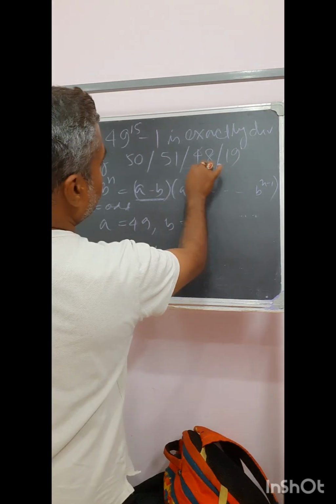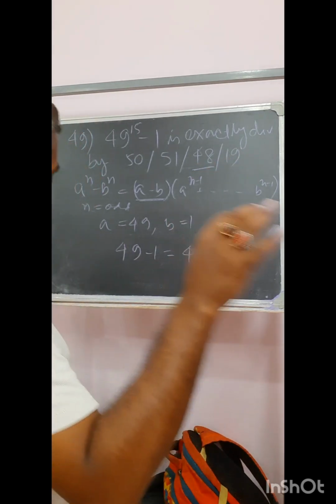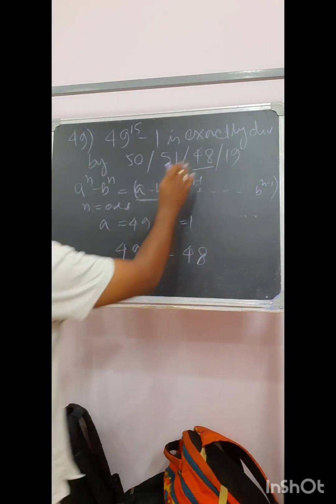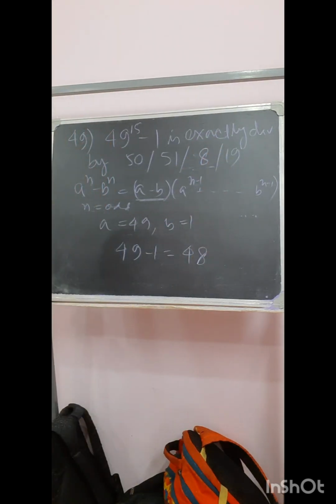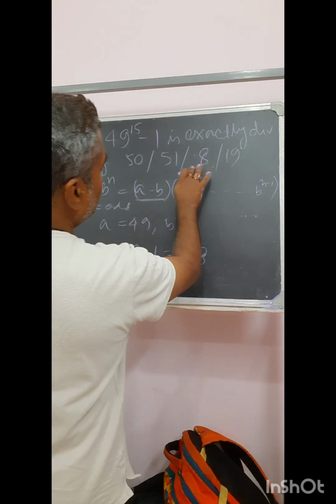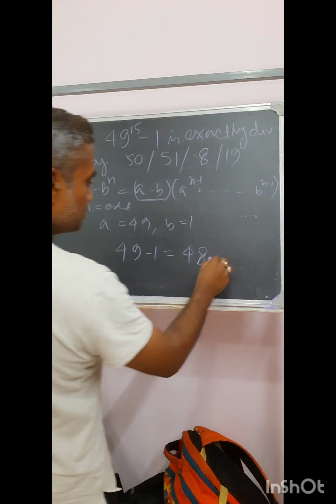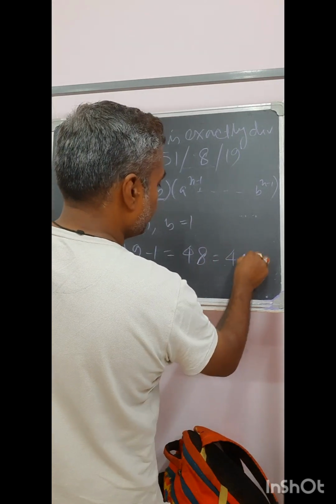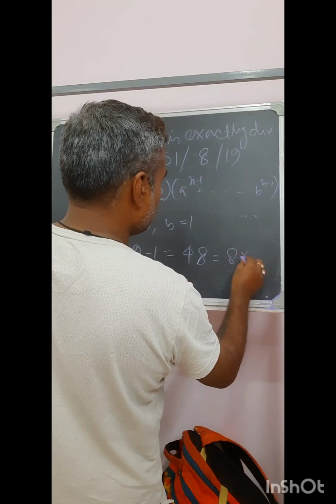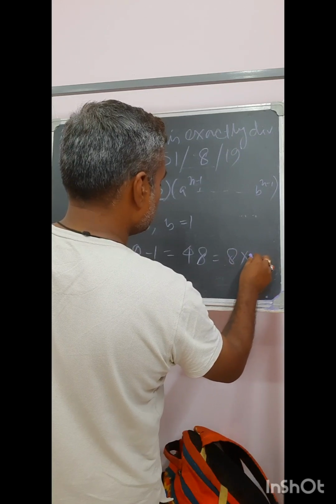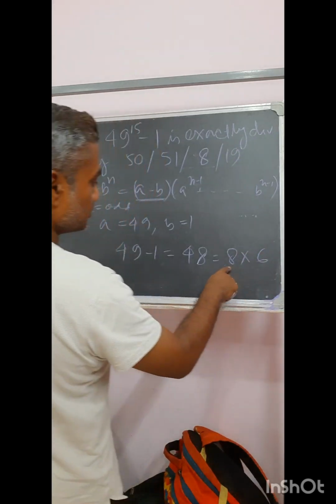Now I am getting 48 directly. Now let's say somewhere it has said that 48 is not there, and instead it has given 8 as an option. So what would be your answer then? Then 8 would also be your answer. Why? Because 8 is a factor of 48, which is 8 into 6.